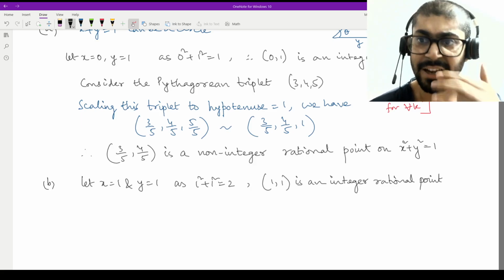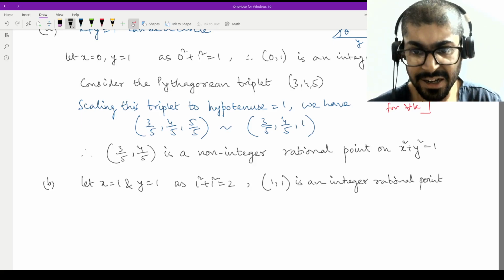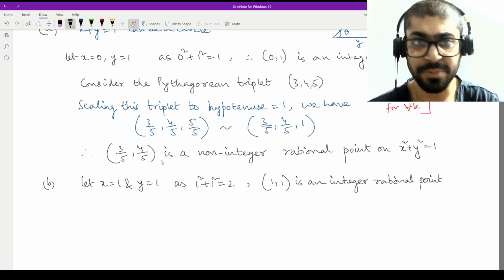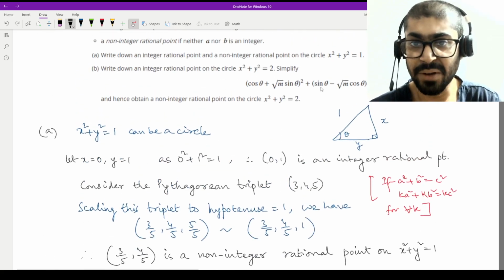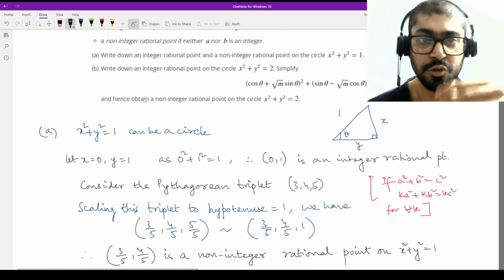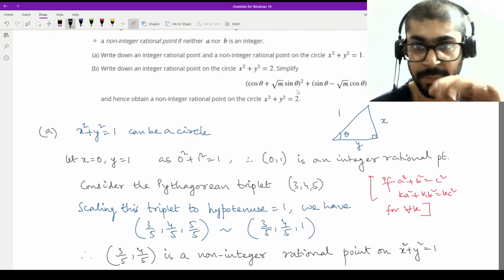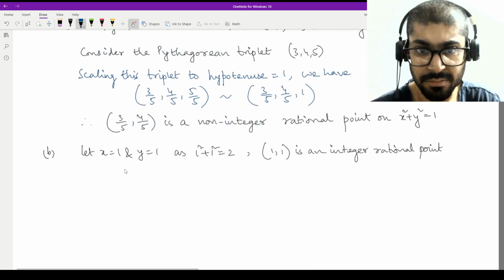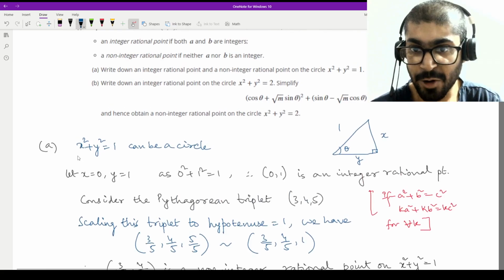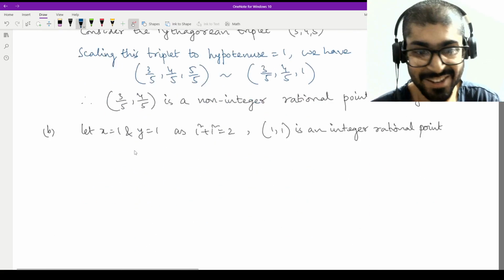Alright, now the second portion is dealing with simplifying a trigonometric expression, right? Simplify this and hence obtain. So that means our first order of business would be to simplify this. So let us take out our tools and find the simplification of this.